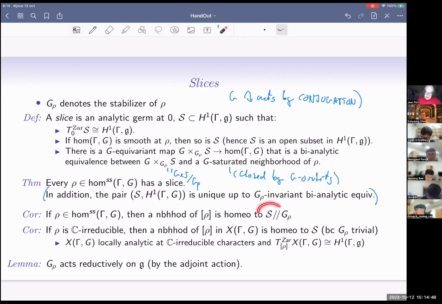This gives me a restriction of the homeomorphism. But a homeomorphism says that it's the slice divided by G rho, yeah? Because this is what this is, G times G rho of S. You divide it by G. Well, the action should be on the other side, sorry. You divide it by G by conjugation, and that's this object, yeah?